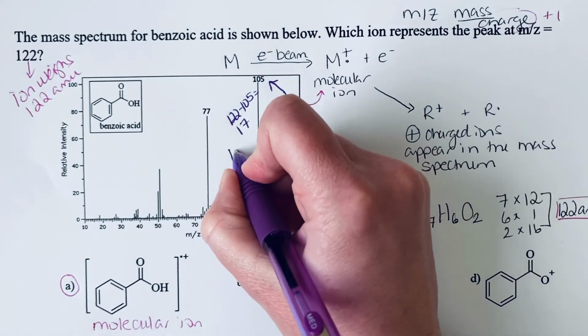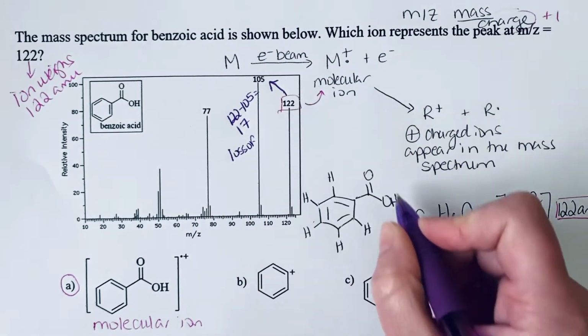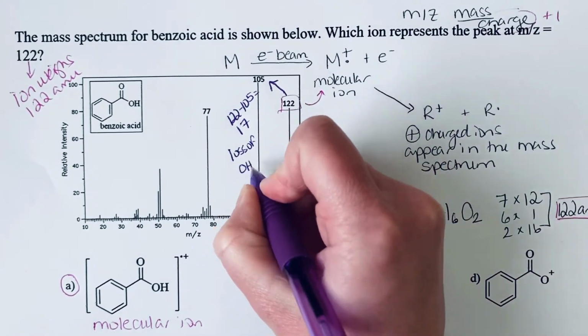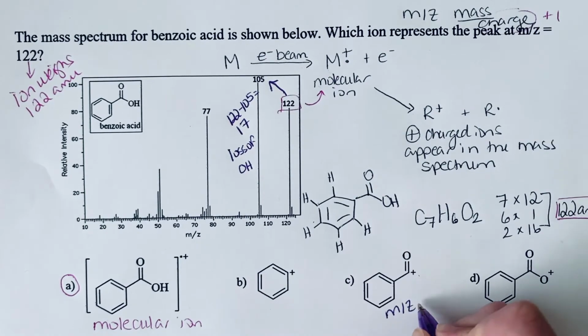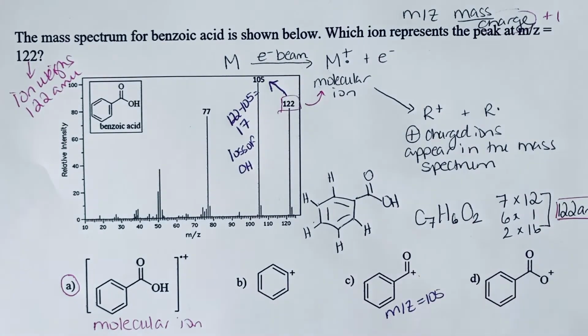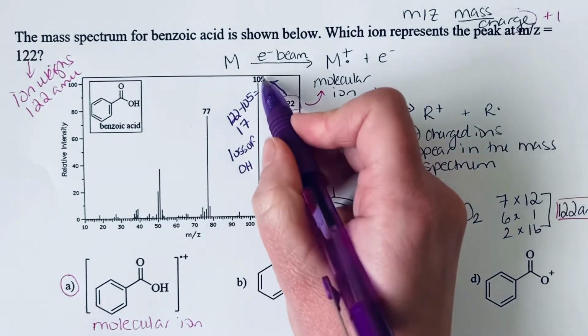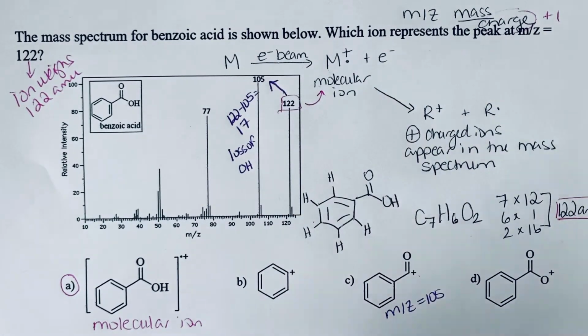This is the loss of the OH group from benzoic acid. If you look at ion C and add up the weight, this is what you'd find at m/z 105. We've just lost the OH from benzoic acid. And this is the base peak, the peak at 100% abundance.